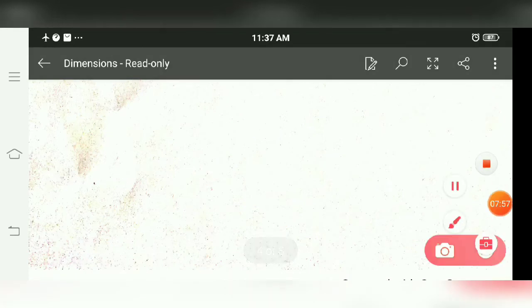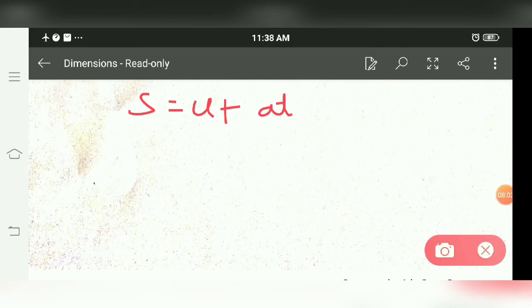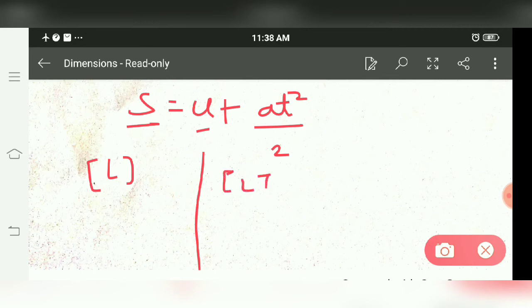Suppose we have a formula s is equals to u plus a t square by 2. Now on the left hand side we have dimension L only, because it is distance. On the right hand side, u means L t minus 1 plus, neglecting the 2 because we have nothing to do with the constant, we just have to check the dimensionality.